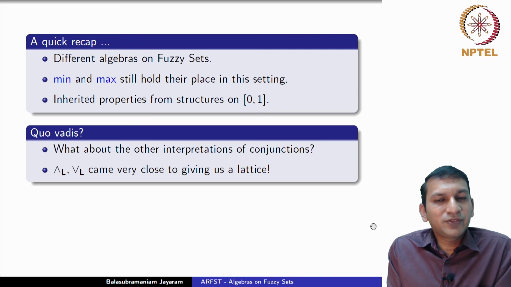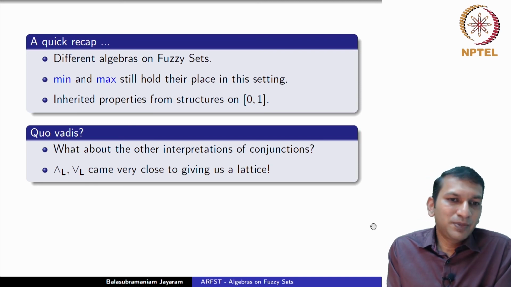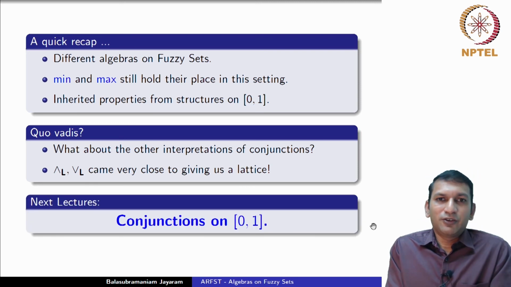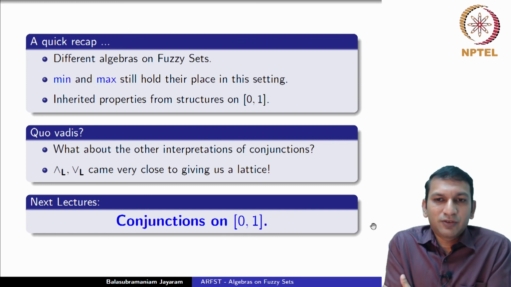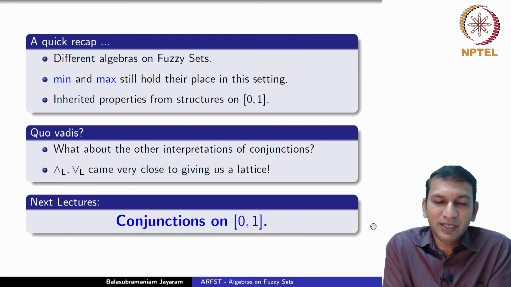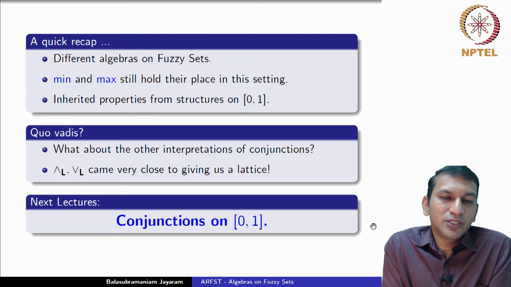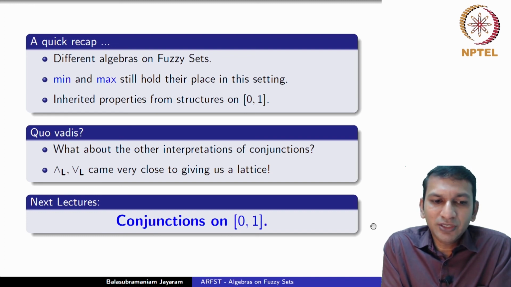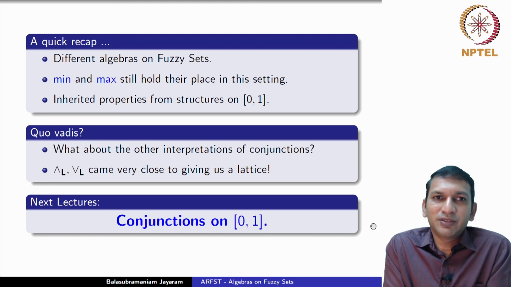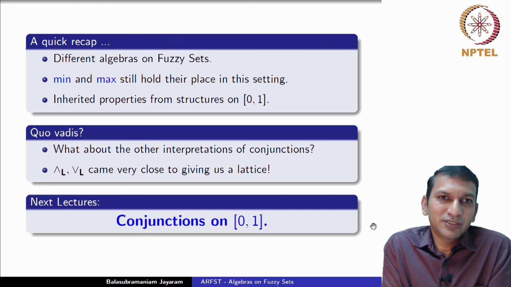And what kind of structures do they give? So this becomes the topic for the lectures that will be delivered in the next week, wherein we will specifically look at conjunctions on the unit interval 0, 1, which also are conjunctions on the set of fuzzy sets, given a pair of fuzzy sets, the conjunctions that are possible, the different interpretations.